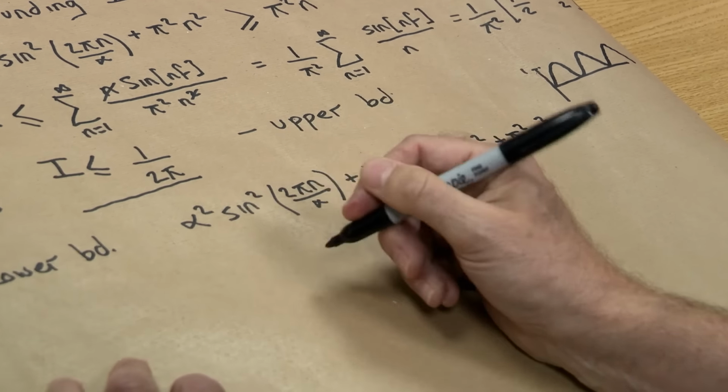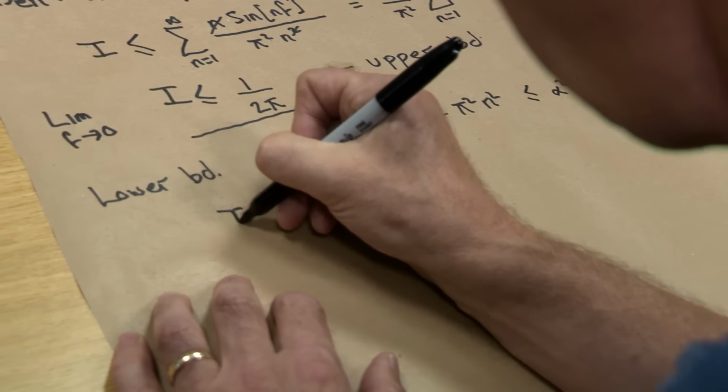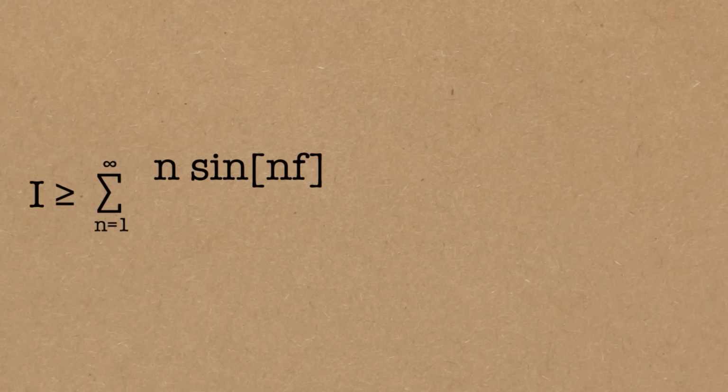So I can now do the same thing. I can now say that I is now greater than or equal to this sum from n is 1 to infinity of n sine nf over, and now it's this thing, alpha squared plus pi squared n squared.